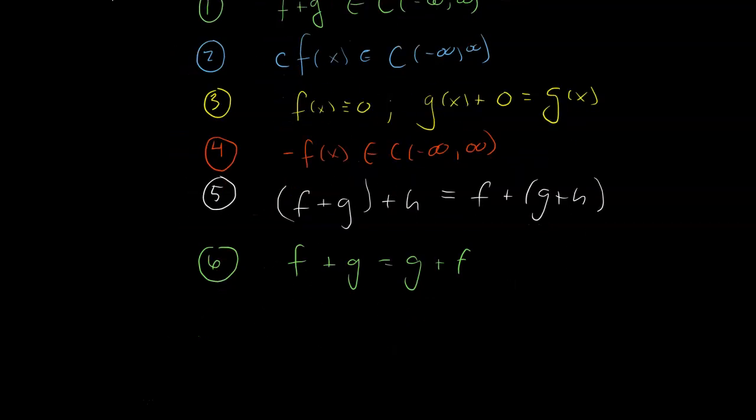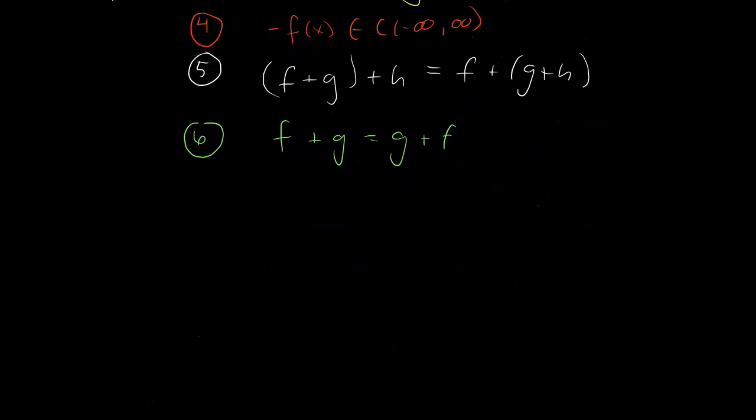I'm doing sort of a quick shorthand form here. The seventh property is, is there a multiplicative identity? Well, yeah, we can multiply by 1, right? Just the number 1 times a function of x is just that function. So that's true as well.